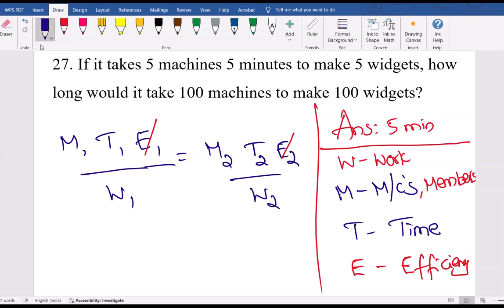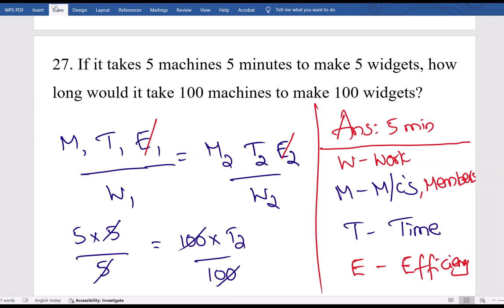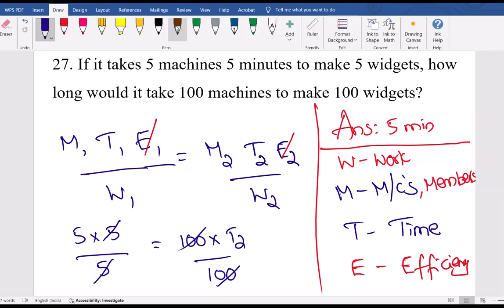So as per the question, 5 machines, 5 minutes, 5 gadgets or widgets. So 100 machines, how much time? For 100, we'll get 5 only. So logic I want. I don't want this formula. Logic I want.